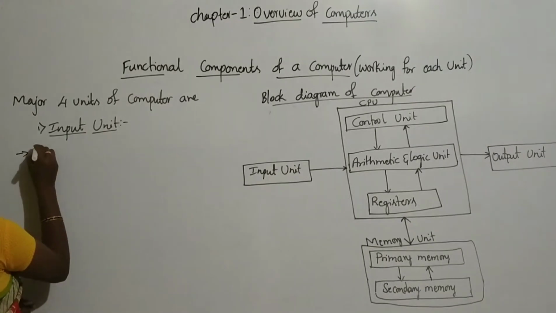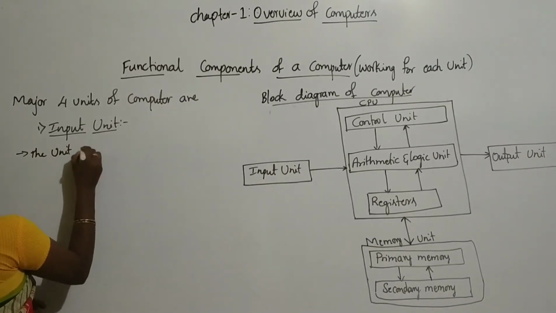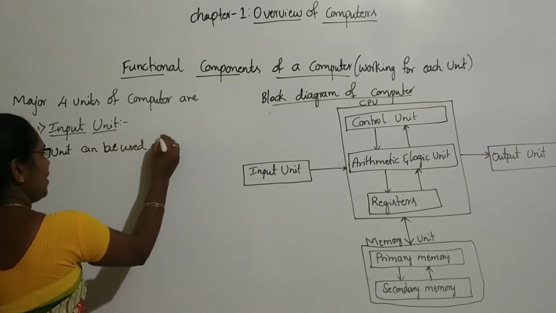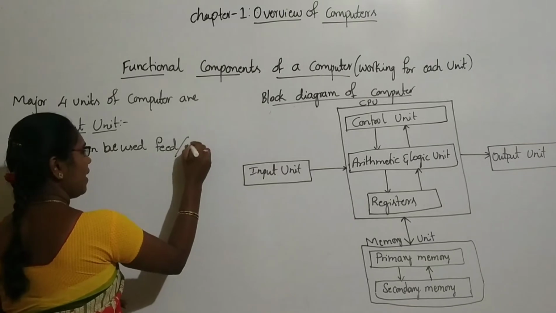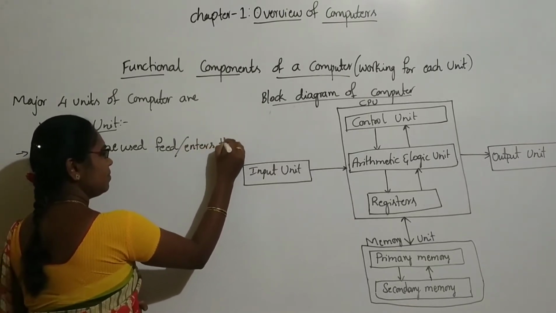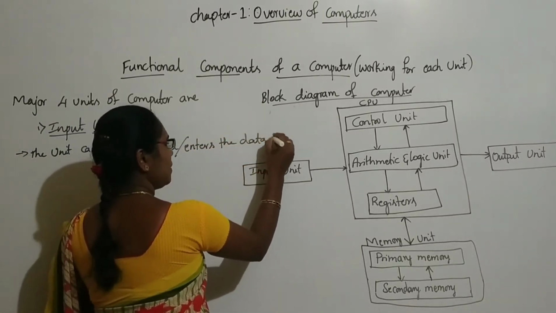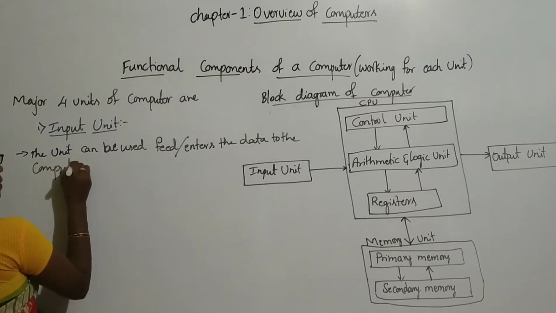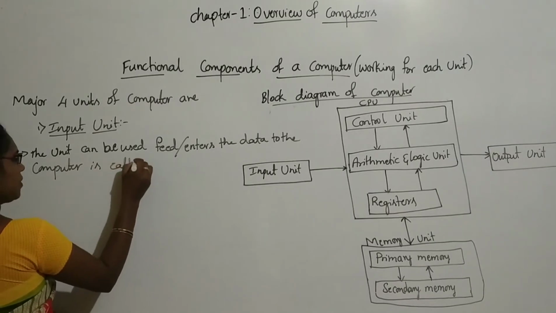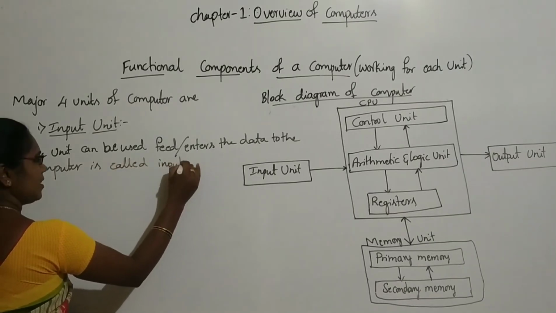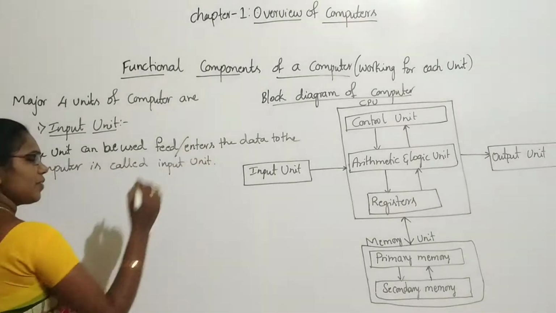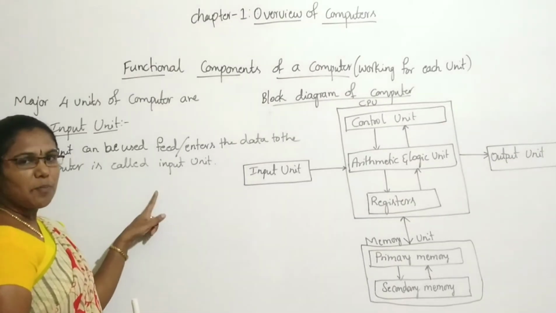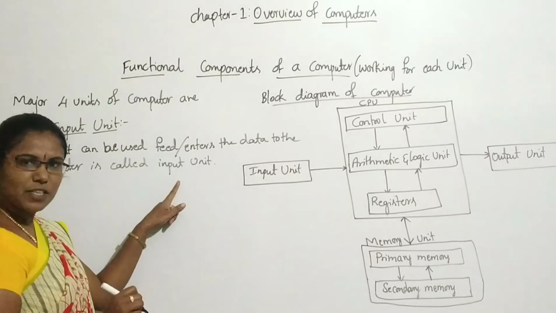The unit that can be used to feed or enter the data to the computer is called the input unit. What is the use of the input unit? The unit used to feed or enter data to the computer is called the input unit.